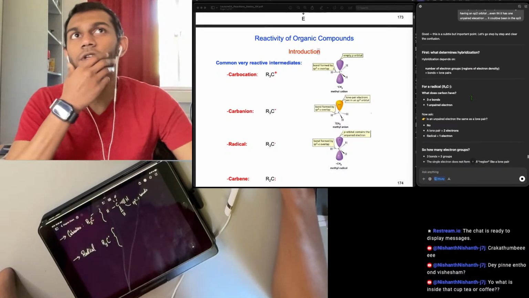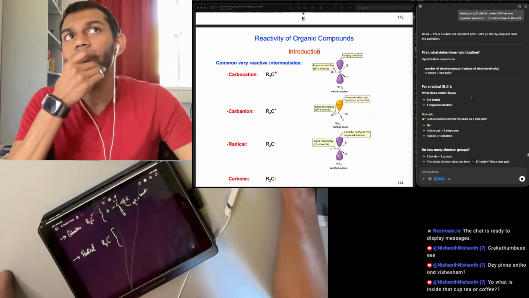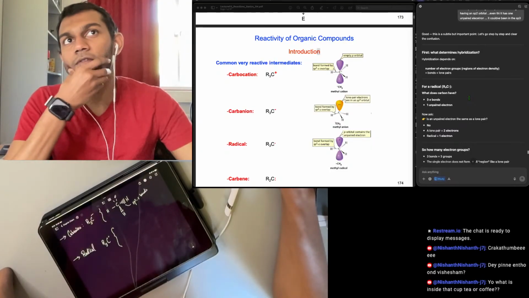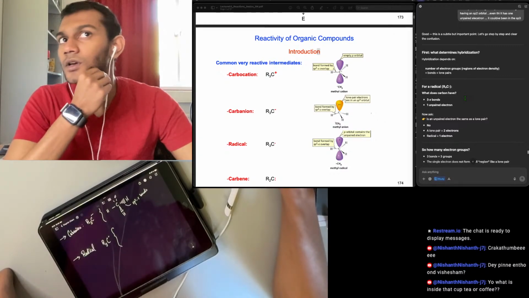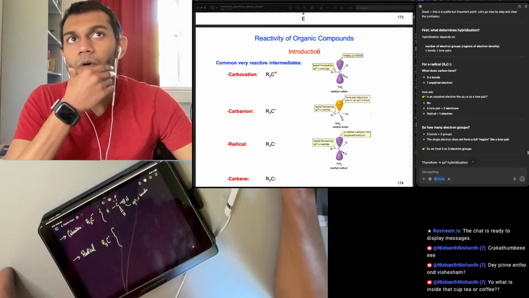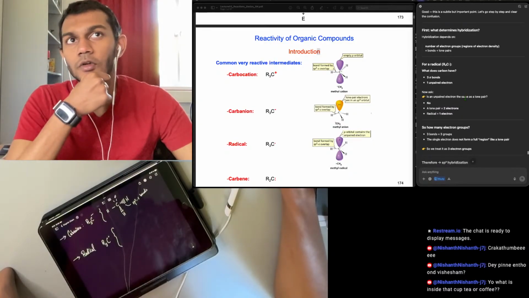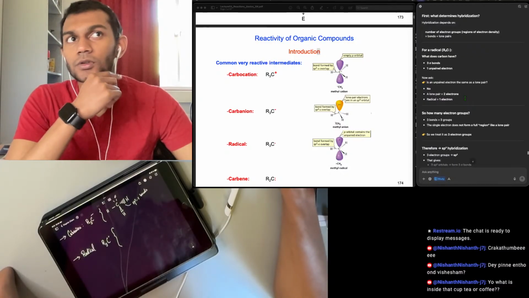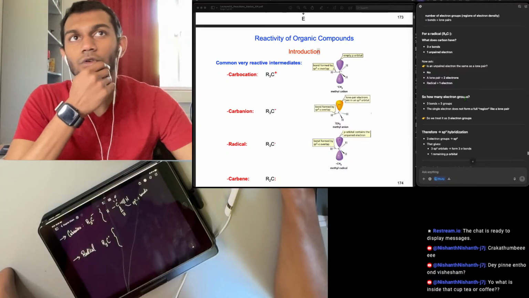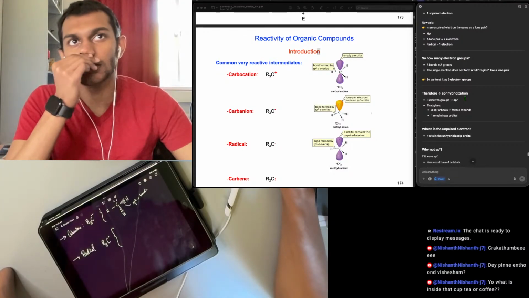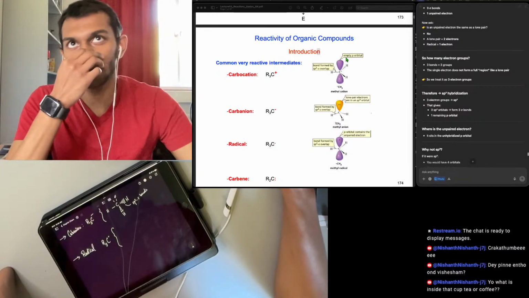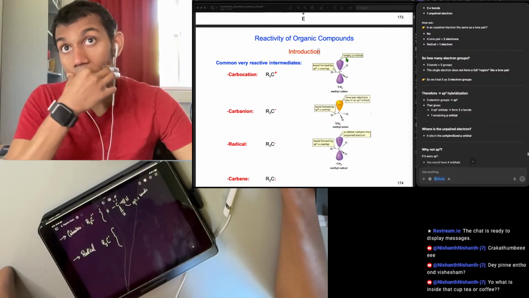What determines hybridization? Hybridization depends on the number of electron groups, regions of electron density, bonds or lone pairs. For radical, what does the carbon have? 3 bonds, 1 unpaired electron. Is an unpaired electron the same as a lone pair? No. So how many electron groups? 3 bonds, 3 groups. A single electron does not form a full region like a lone pair. So we treat it as 3 electron groups. Therefore sp2 hybridization. Where is the unpaired electron? It sits in the unhybridized p orbital, just like the empty p orbital in the carbocation. I guess.